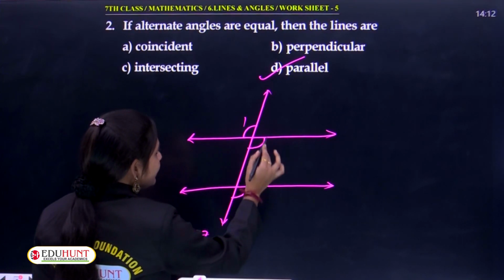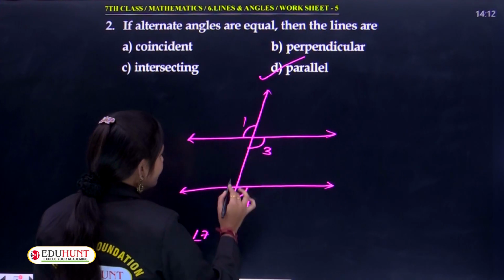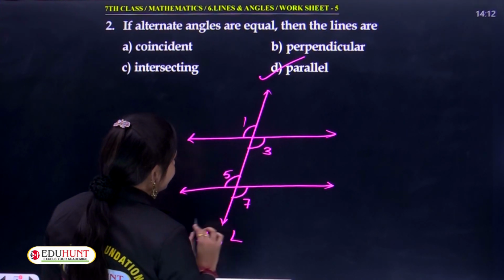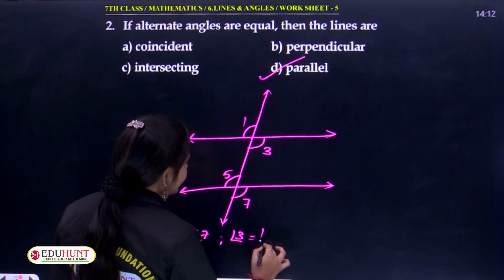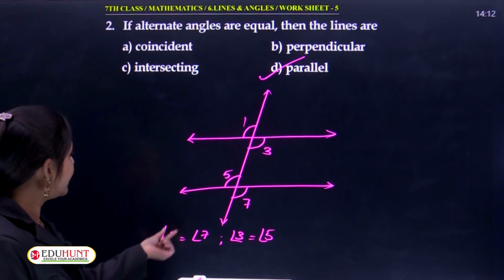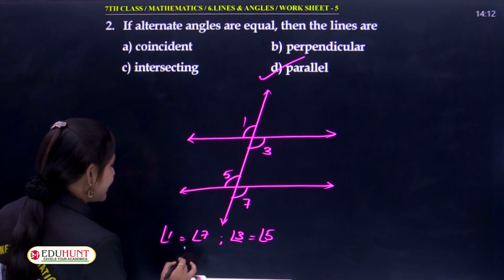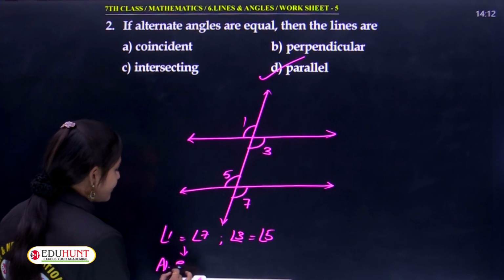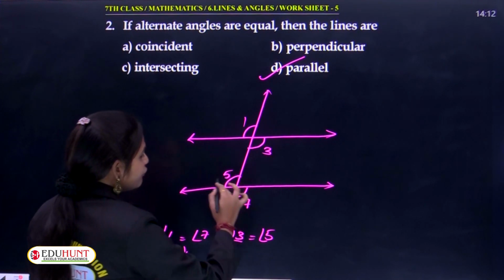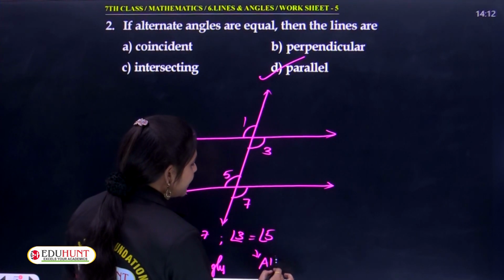And in the same way, here 1, 2, 3, 4, 5, angle 3 is equal to angle 5. Angle 3 is equal to angle 5. Here 1 and 7 are alternate exterior angles. 3 and 5 are alternate interior angles.